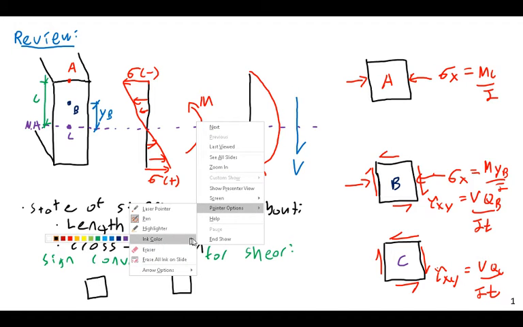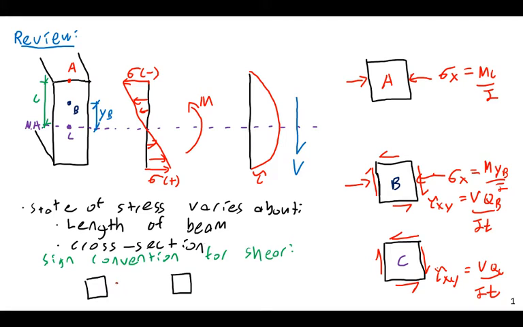When we're working with beams, the sign convention for shear is going to be this. This is going to be positive and this is going to be negative, like so. That makes sense? Okay, so it's a bit different. It's flipped when we're dealing with beams, yes.